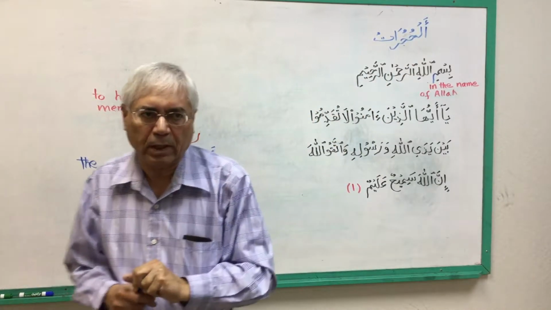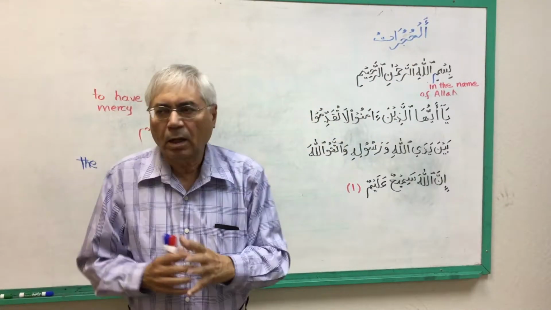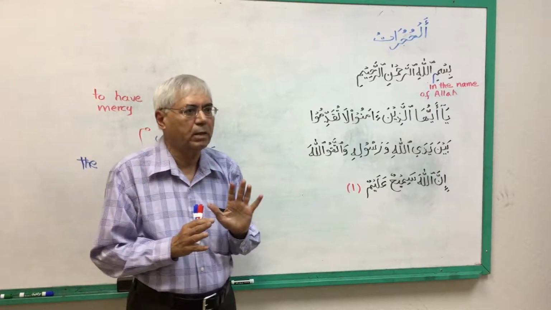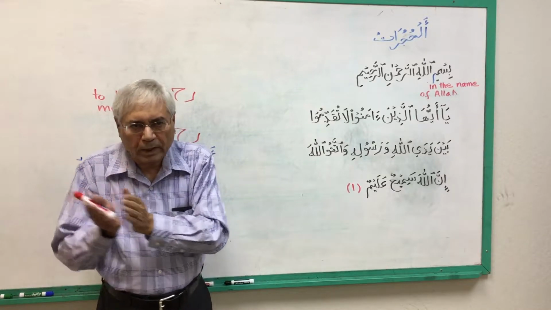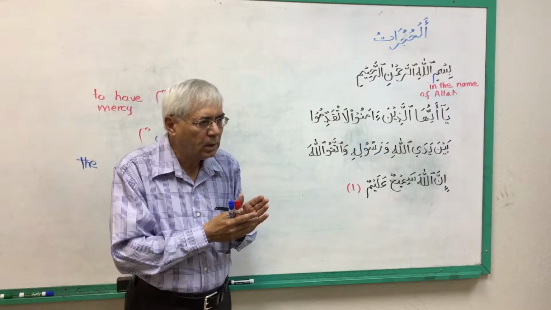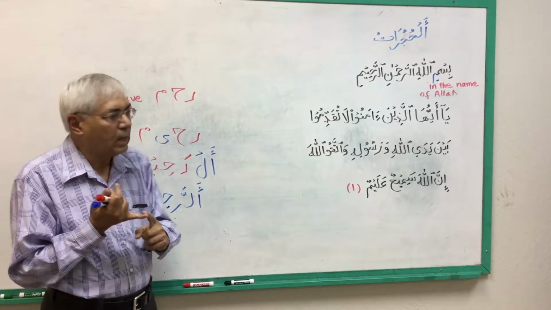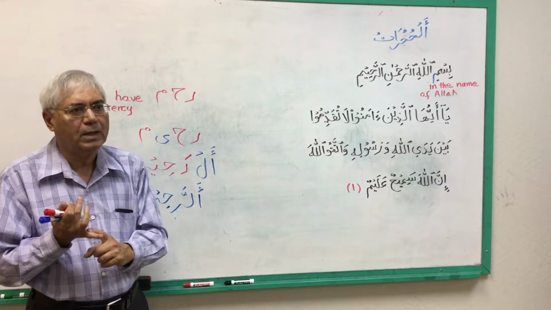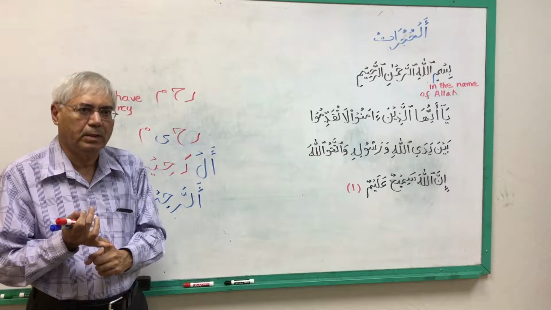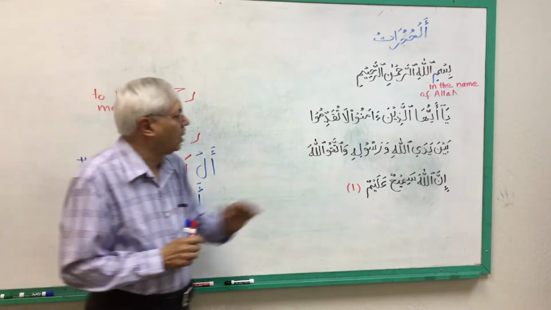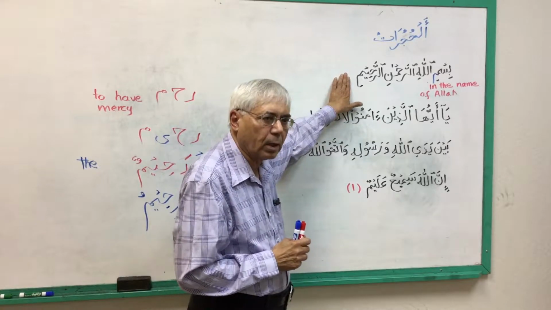If you are reading separately, you can say Bismillah, Ar-Rahman, Ar-Rahim. There's nothing wrong in saying that. But if you want to read in a continuous tajweed, then you have to pronounce very correctly. Bismillahir-Rahmanir-Rahimi.